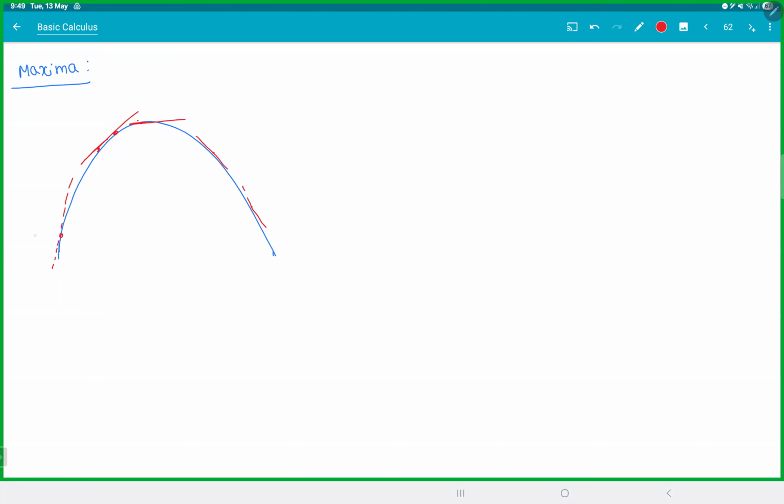What is happening to the slope? Here, the slope is positive. Here, it is less positive. Here, the slope is 0. Here, slope is negative. Here, slope is more negative. You can clearly see that as we go from left to right, the slope is decreasing.